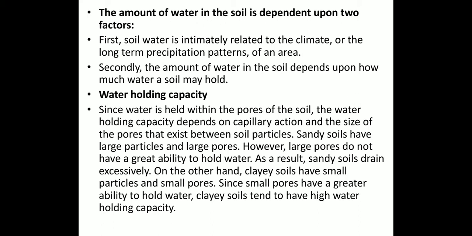First, soil water is intimately related to the climate or the long-term precipitation pattern of an area. સોઇલ વોટર એ ક્લાઇમેટ દ્વારા, એટલે કે લાંબા સમયની જે અવક્ષેપણ પેટર્ન છે તે એરિયાની તેને રિલેટેડ છે સોઇલ વોટર.